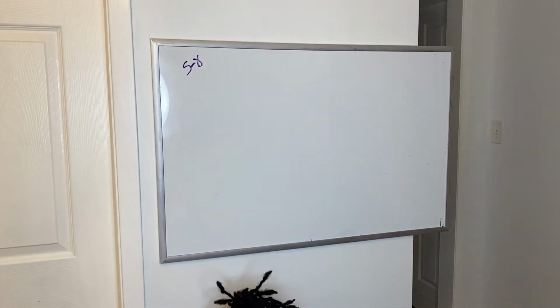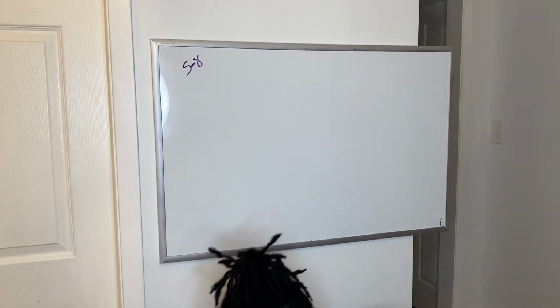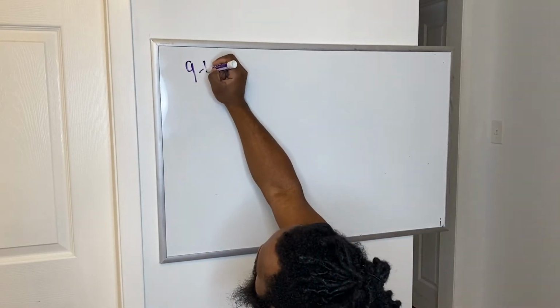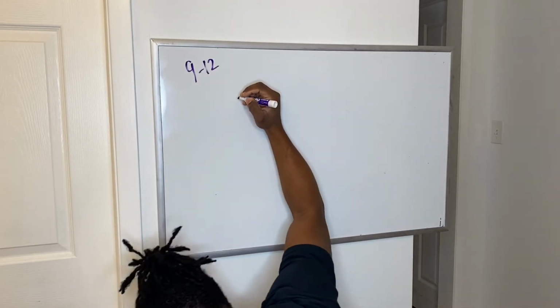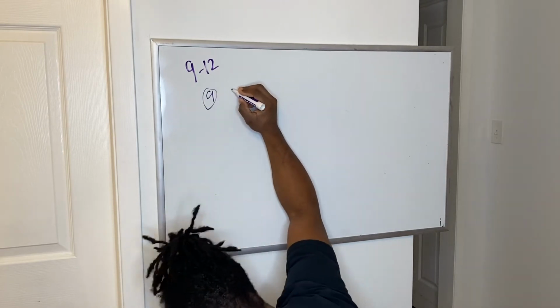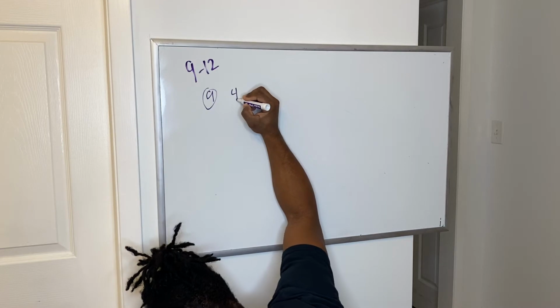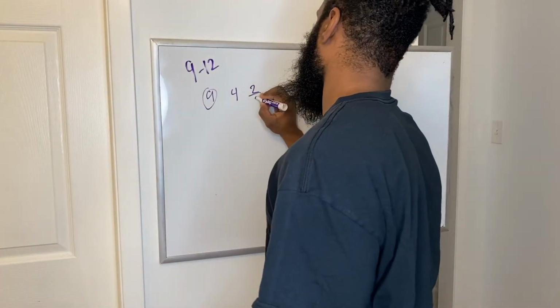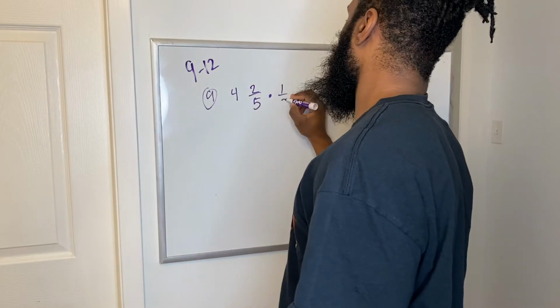So now I'm going to do numbers 9 through 12. For 9, we've got 4 2/5 times 1/2.